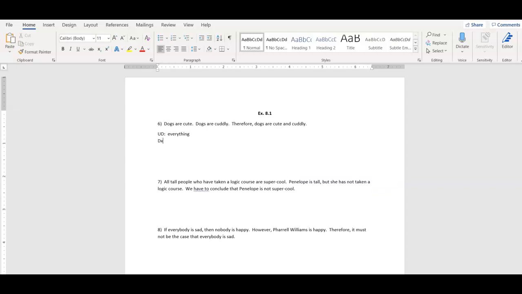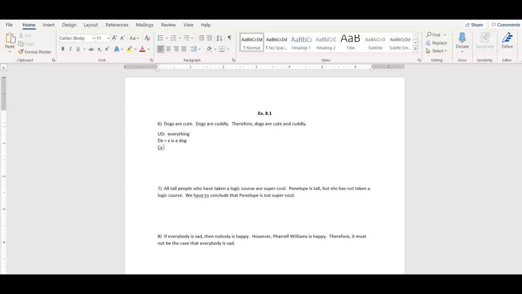So we need predicates. So we have DX: X is a dog. Actually, since we have two C words, we'll use the second letter. Actually, the second letter is the same too.